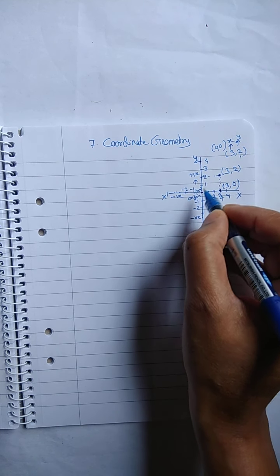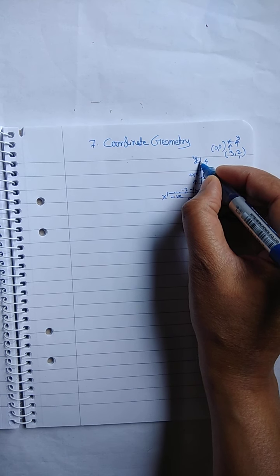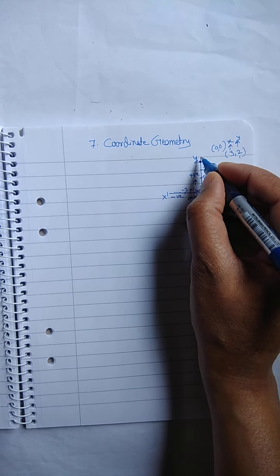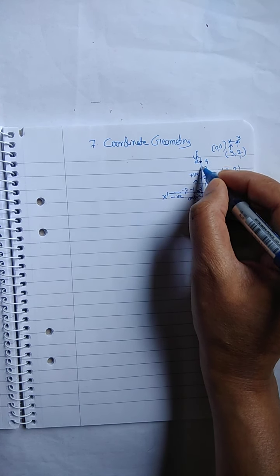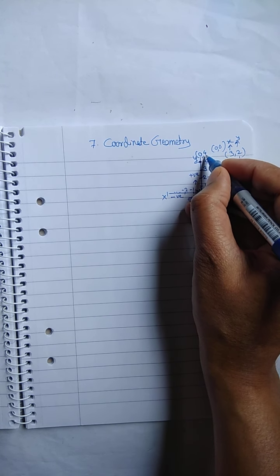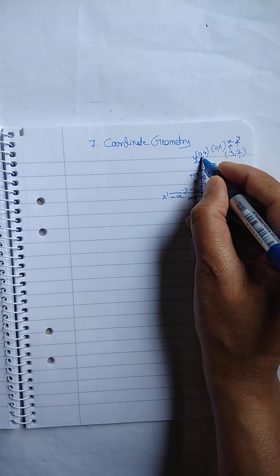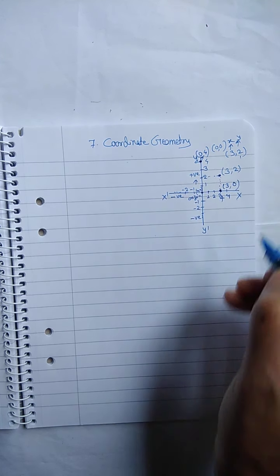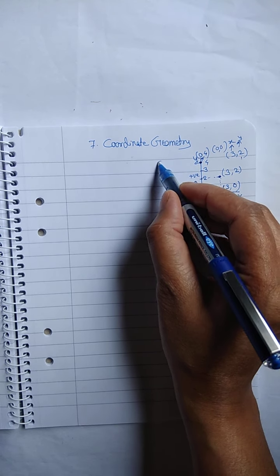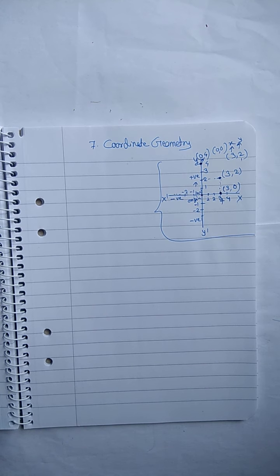On the y-axis, the value of x is 0. If you have to find this point, what is the value of x? 0. What is the value of y? 4. So the coordinates of this point are 0, 4. So this is all about coordinate geometry.